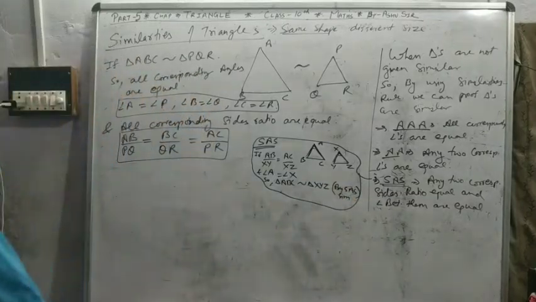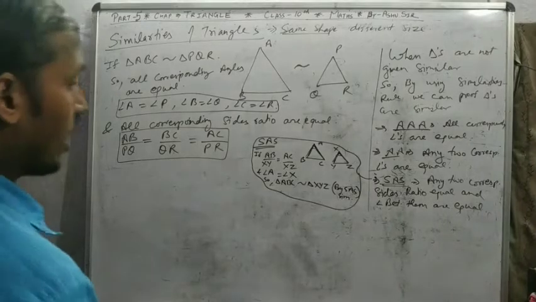That is SAS, means two sides' ratio and the angle between them are equal.